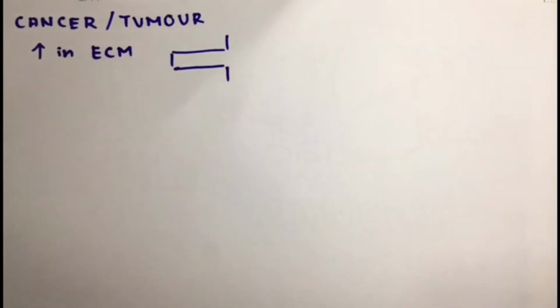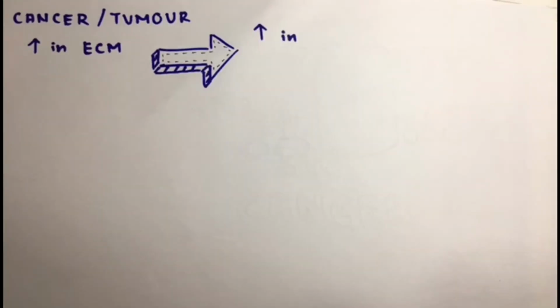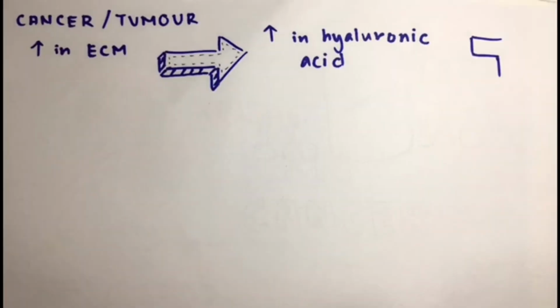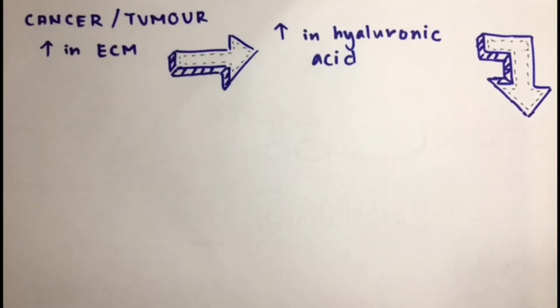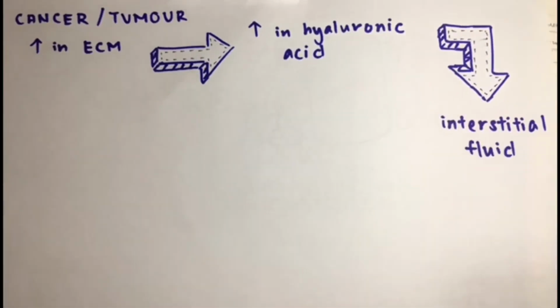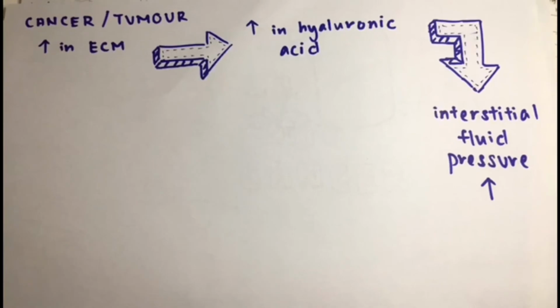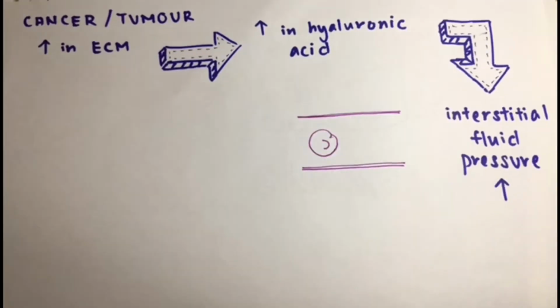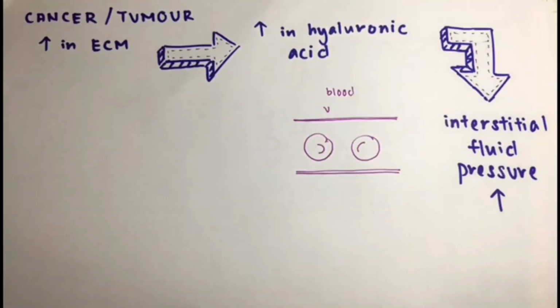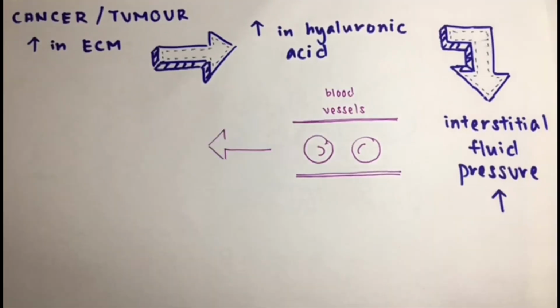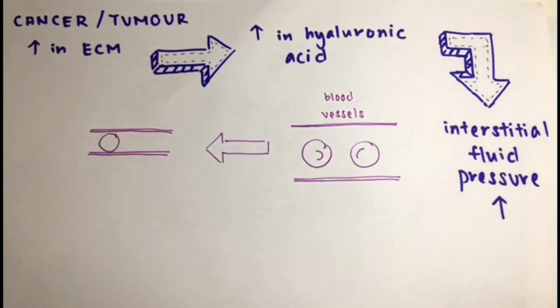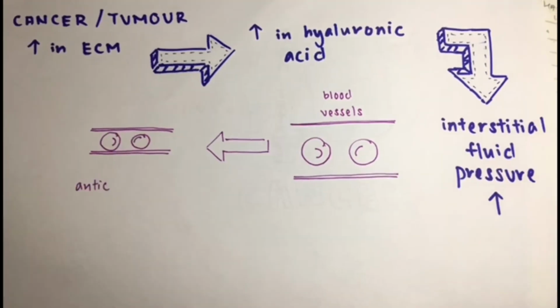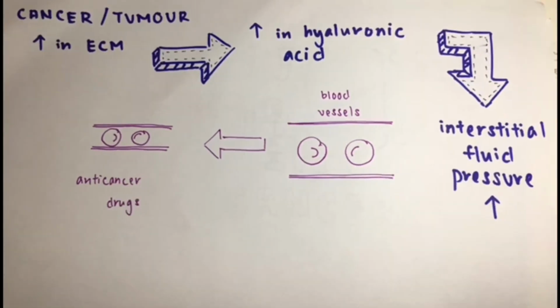An increase in ECM is a malignant phenotype of cancer and tumor, and this leads to an increase in hyaluronic acid and further increases the interstitial fluid pressure. This increase in interstitial fluid pressure will squeeze the blood vessels and reduce their diameter, so it will be hard for anti-cancer drugs to reach the site. Therefore, hyaluronidase can break down the hyaluronic acid to prevent this from happening.